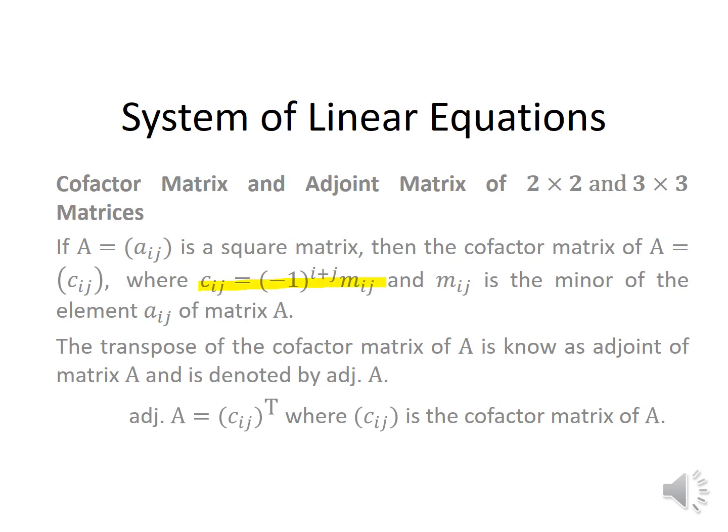And Mij is the minor of the element Aij of the matrix A. The transpose of the cofactor matrix of A is known as the adjoint of matrix A, and is denoted by, you can write the short form, Adj, and is a transpose of the cofactor matrix of A.